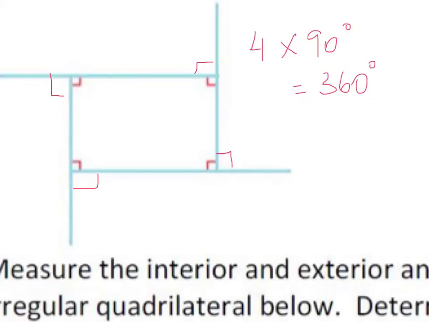Here we know that this line is a straight line, so it's 180 degrees. If this is 90, that means this is 90, so we have four exterior angles that are 90 degrees, so the sum of all of the angles that are exterior to this shape is 360 degrees.